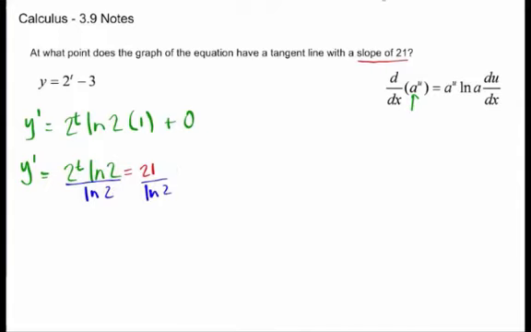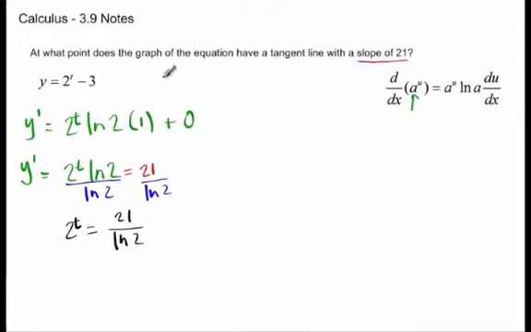And we have 2 to the t equals 21 over the natural log of 2. And then how do we get it out of this? Take the natural log of both sides.